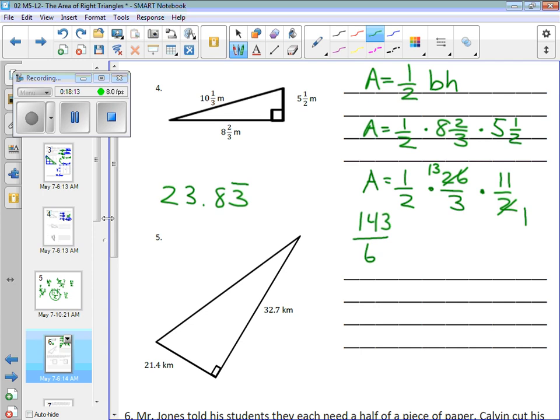It helps me because I don't care about the decimal. I care about my whole number. It's going to be 23 and something sixths, because I've got to keep it as a fraction. It's not a decimal answer that we're looking for. So how do I get this top number?